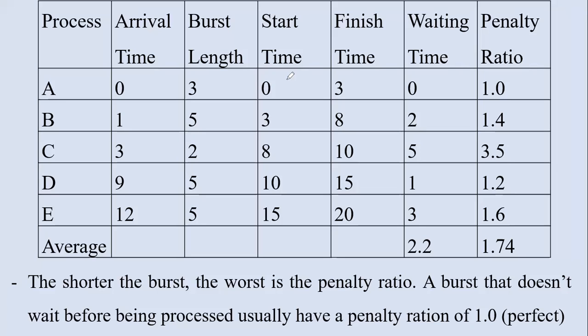Because these processes are being attended to based on first come, first served, and it has arrived at time 0, it will straight away start being processed at time 0. So it will not wait on the queue. It will finish being executed at time 3. Therefore, the penalty ratio for this process will be 1.0.